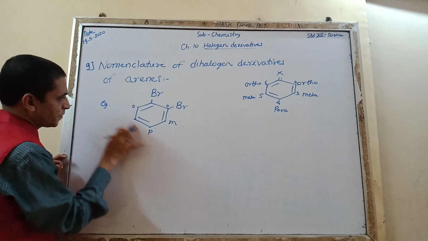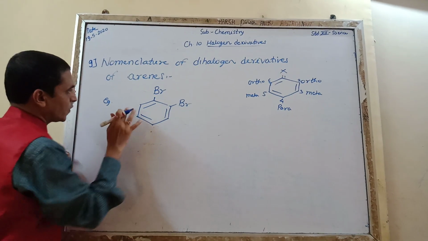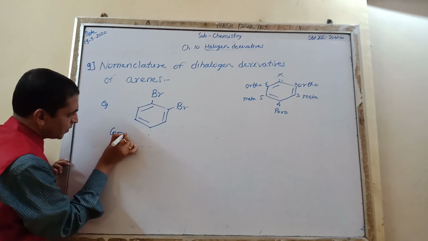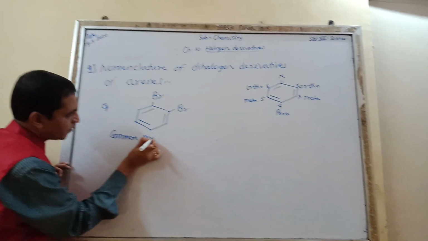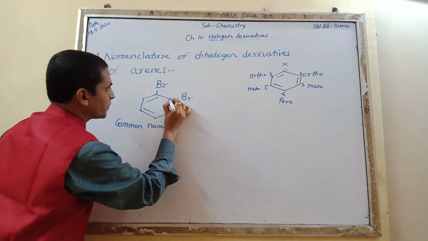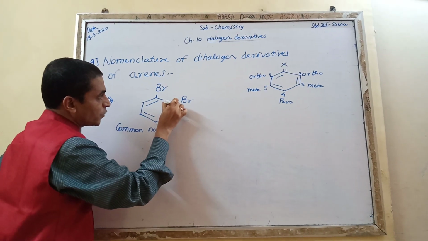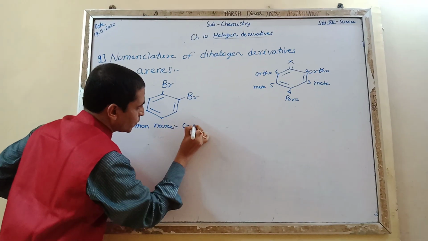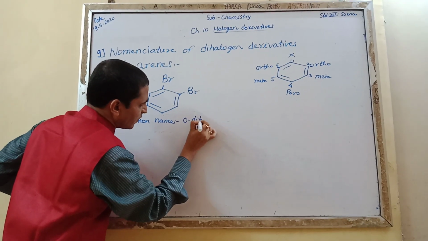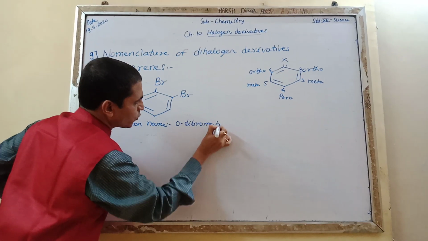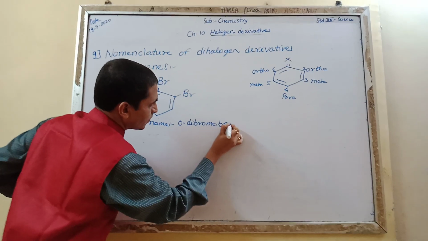See here, common name. Here is the first carbon atom, here is the second. This position is called as what? Ortho. So you write ortho-dibromobenzene.